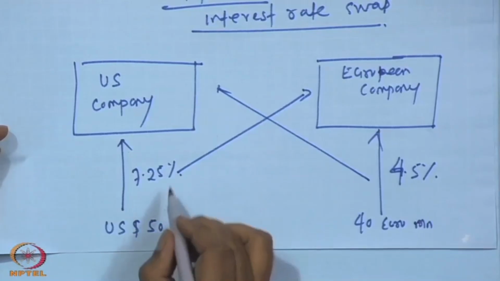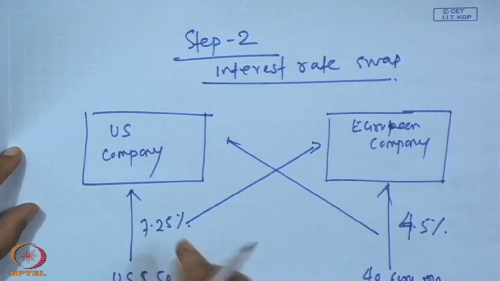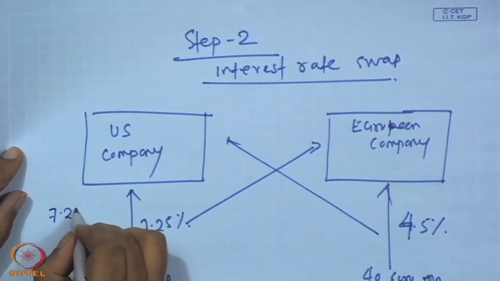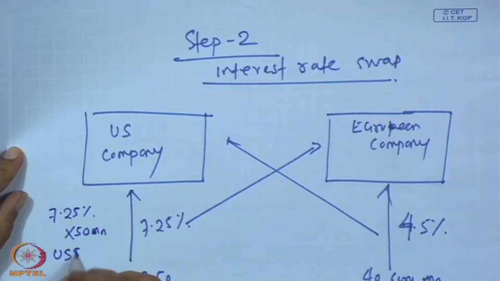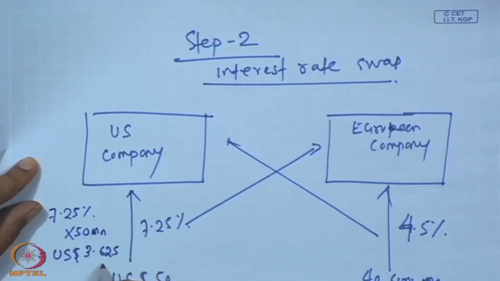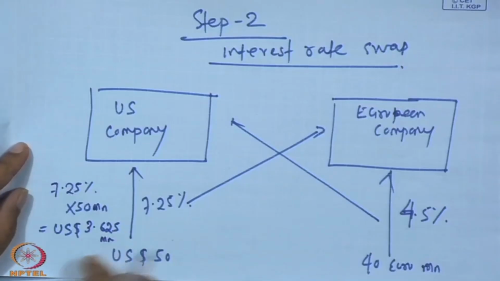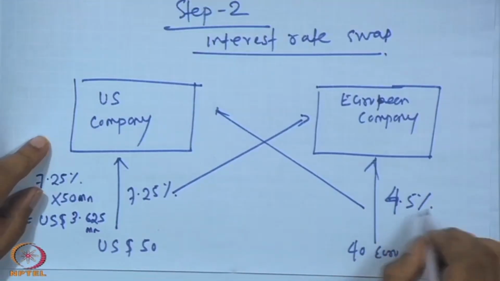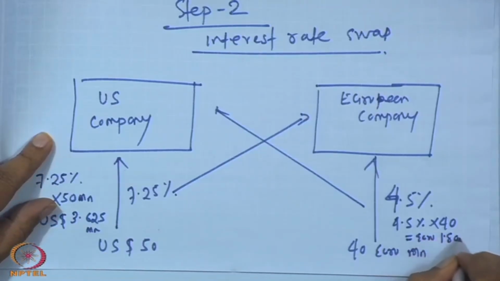What is the interest? 7.25% of 50 million US dollars is 3.625 million US dollars, and 4.5% of 40 million euro is 1.8 million euro.